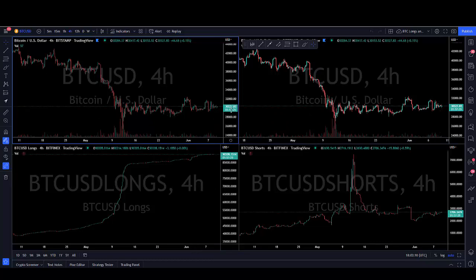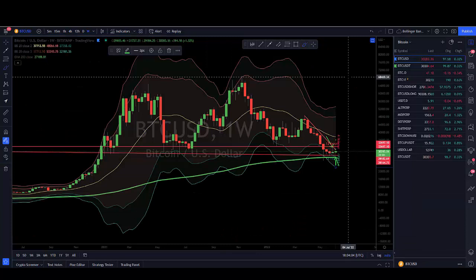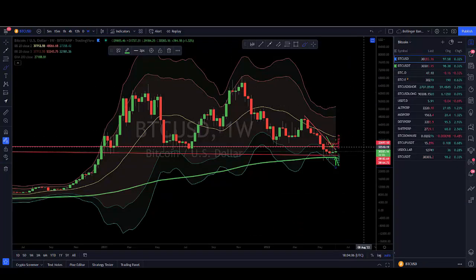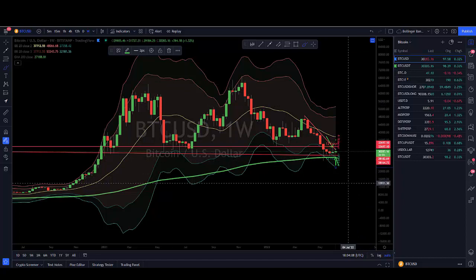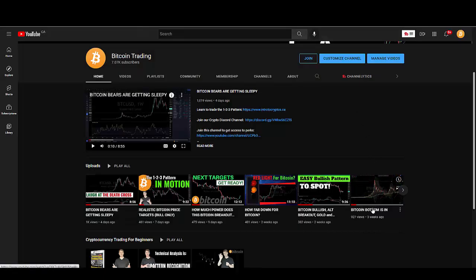The next chart that I posted in the Discord general chat shows the Bollinger Bands in the weekly time frame. And this is a really important chart. If we go back to the bottom is in video, you can see in the highlights here where I'm pointing out those Bollinger Band mean reversion buy signals at each of the different bottoms that we've gone through.